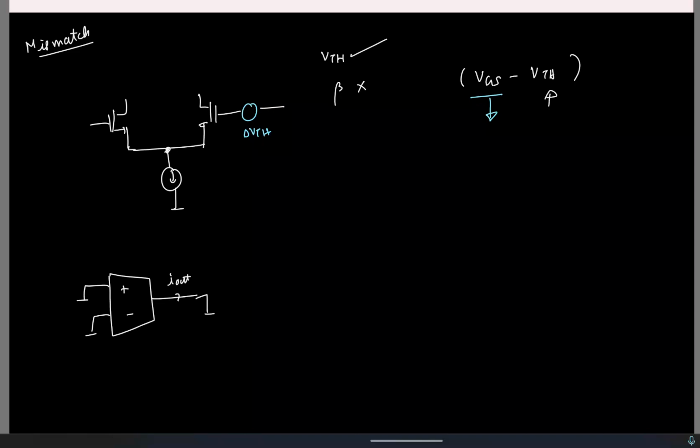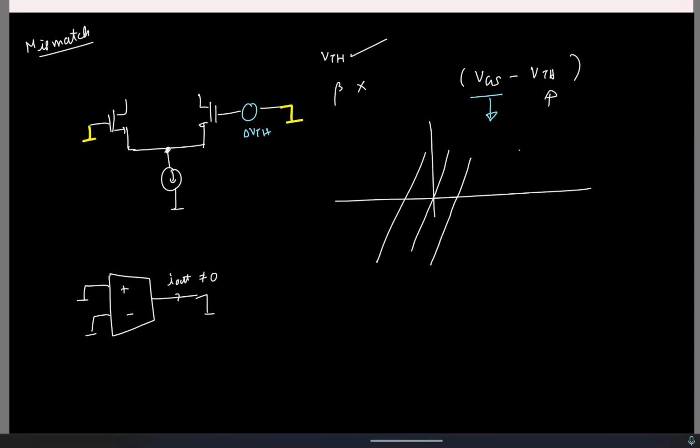But if there is a mismatch here, the short circuit output current will be some non-zero quantity. If I try to sketch the characteristics of this OTA, ideally it should have passed through the origin, but now it might be shifted here or here, and this is what introduces offset.